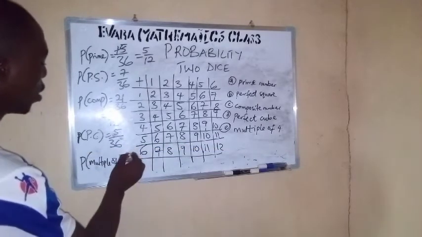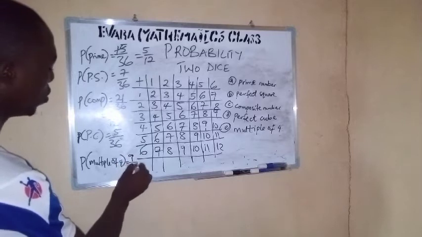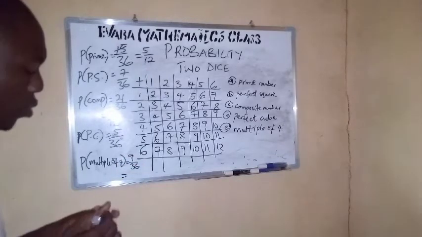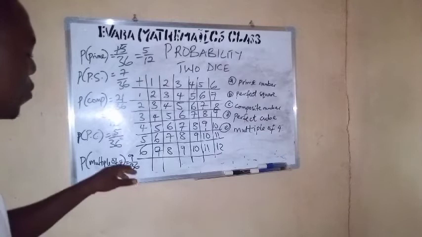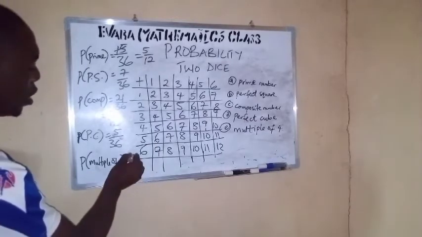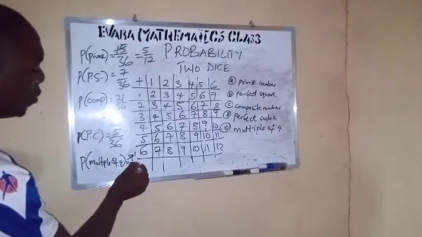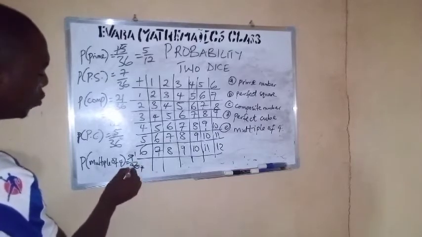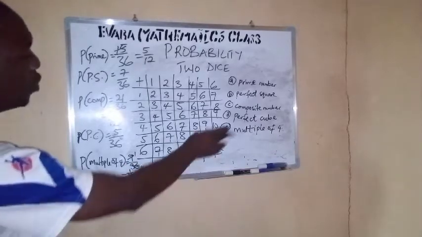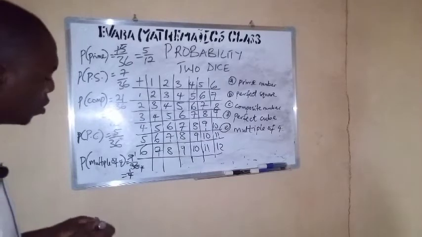Counting all of them, we have 9, so 9/36. If you divide 9 by 9, we have 1, and divide 36 by 9, we have 4. So the probability of getting a multiple of 4 is 1/4.